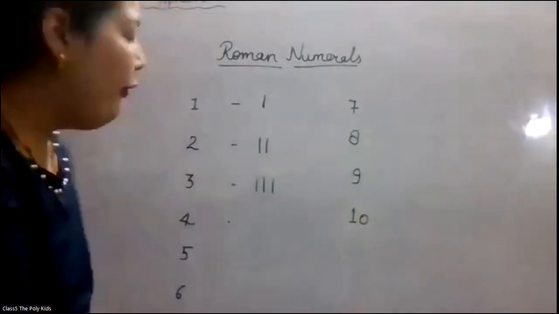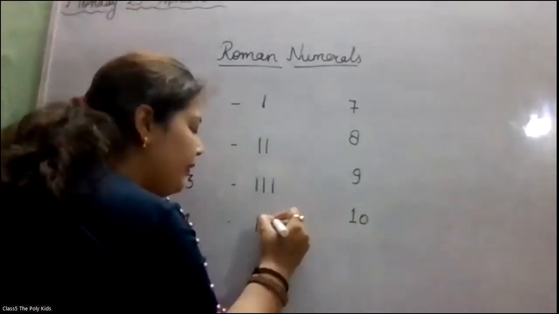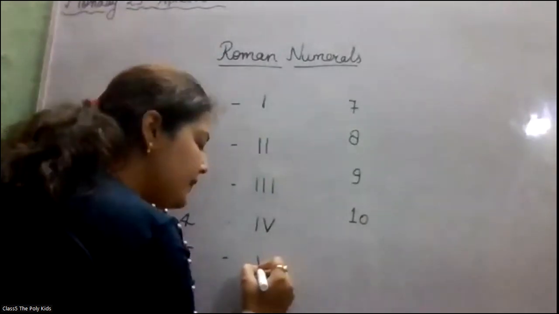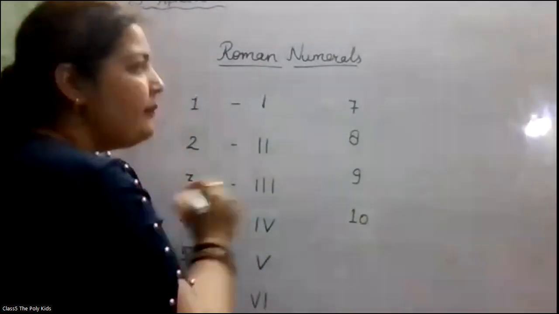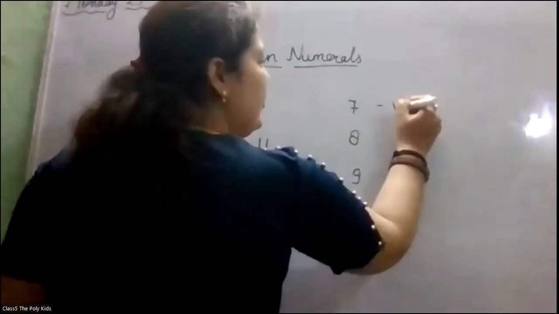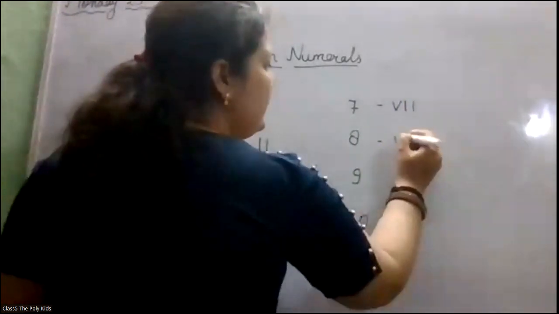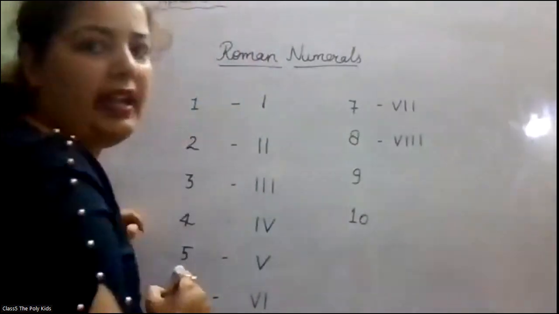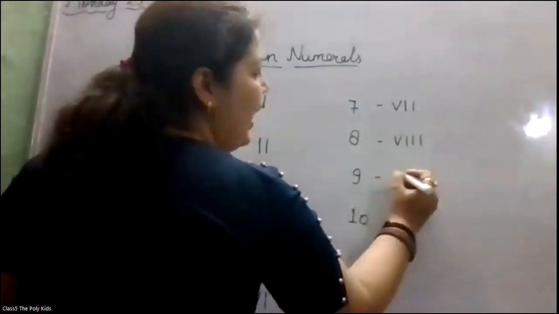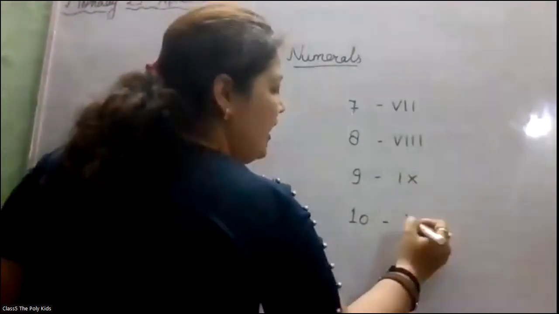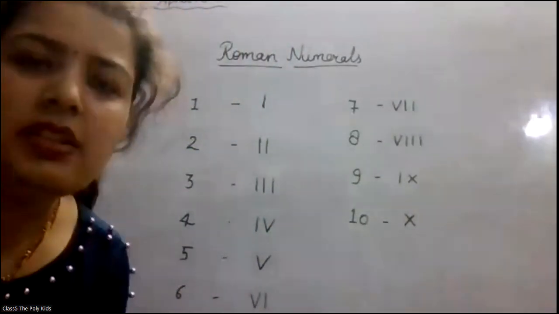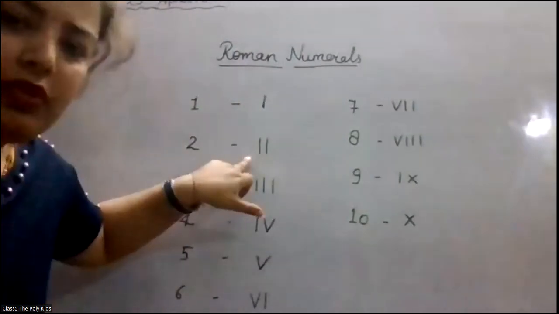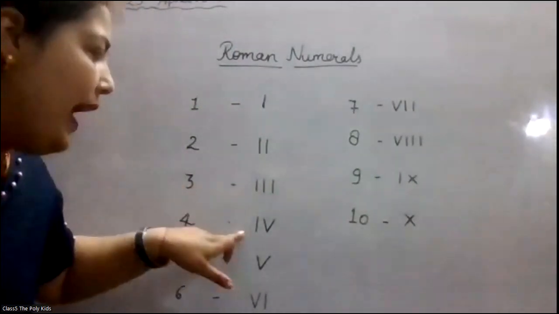After 3, 4 is IV. 5 is V. 6 is VI. 7 is VII. 8 is VIII. 9 is IX. And 10 is X. I think you all know it.